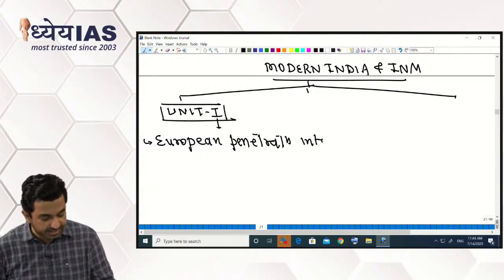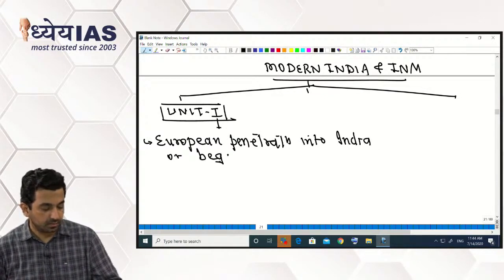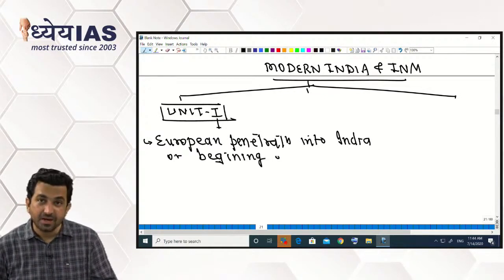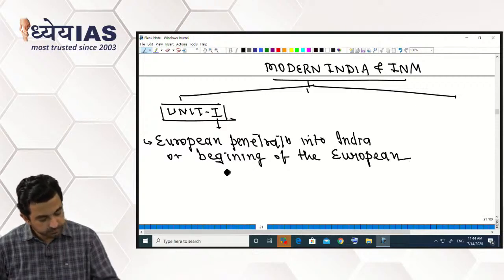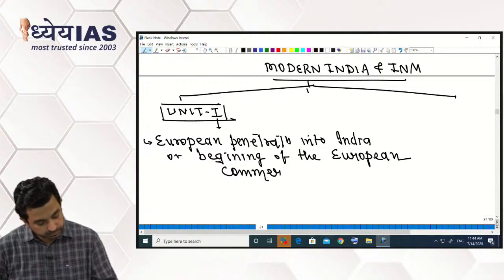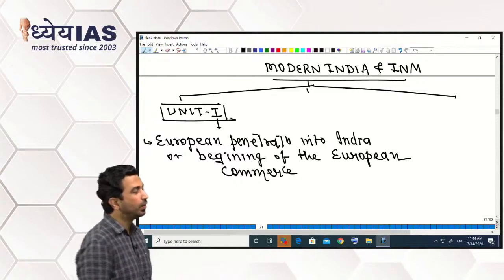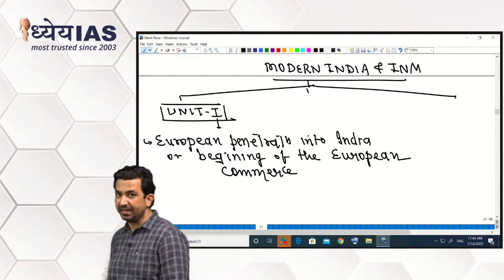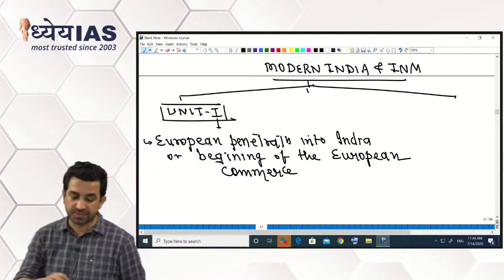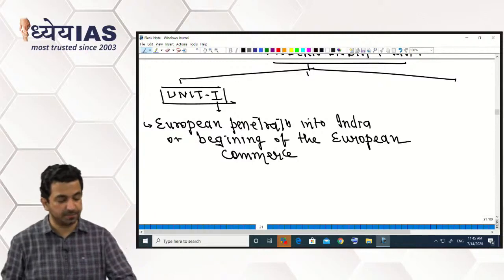European penetration into India, or the beginning of European commerce. Note down all these important units, as our subsequent classes would be based on these units and this organization of the syllabus.